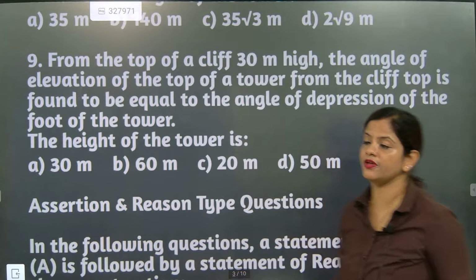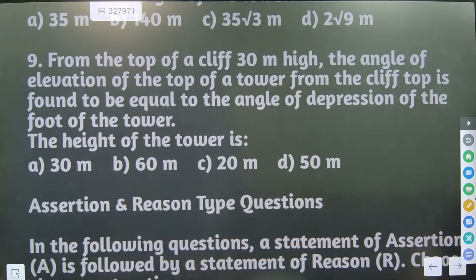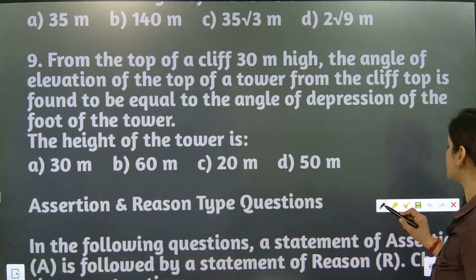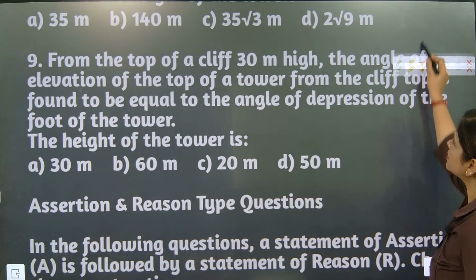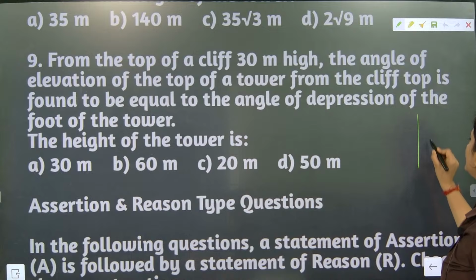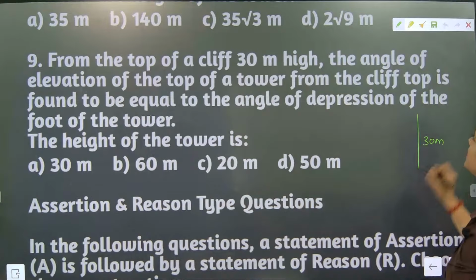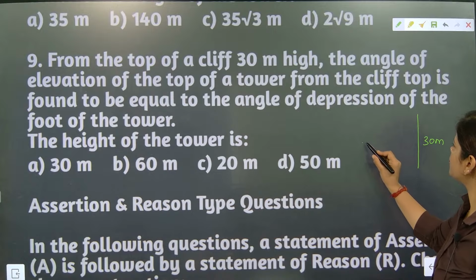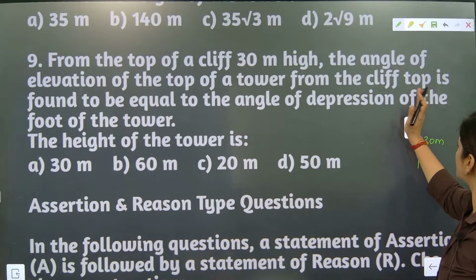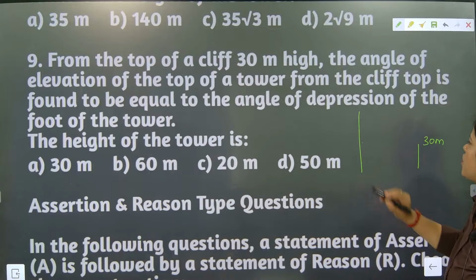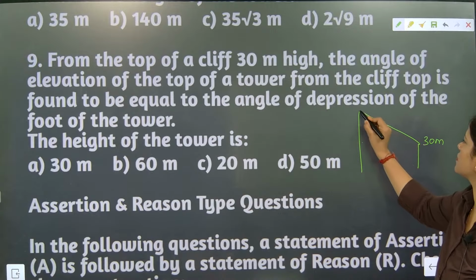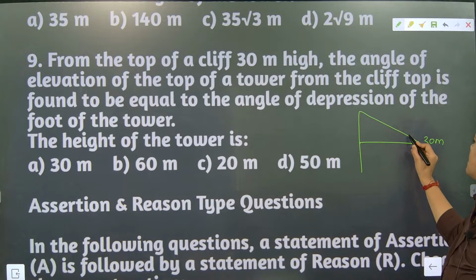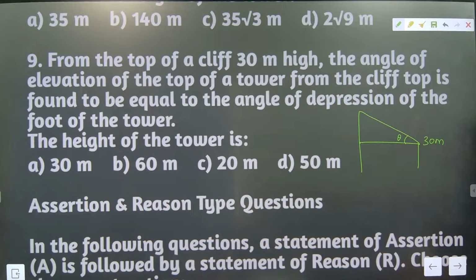From the top of a cliff, 30 meter high. So this is the height of the cliff, 30 meter. The angle of elevation of the top of a tower from the cliff. So whatever the angle of elevation is, let the angle of elevation be theta.